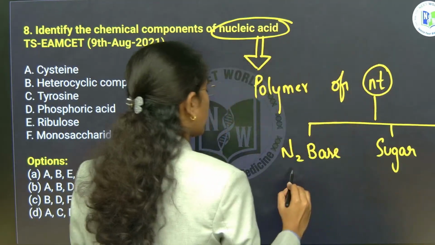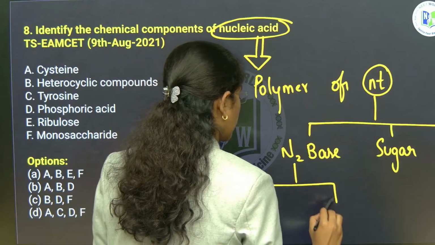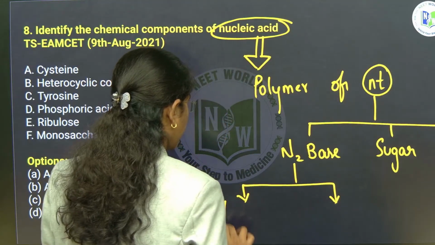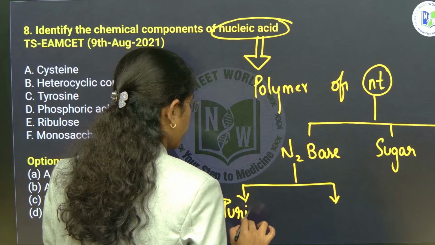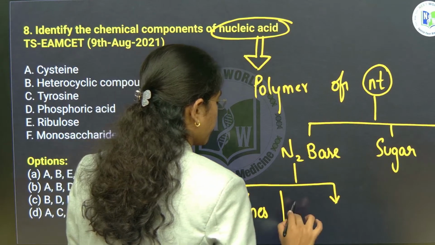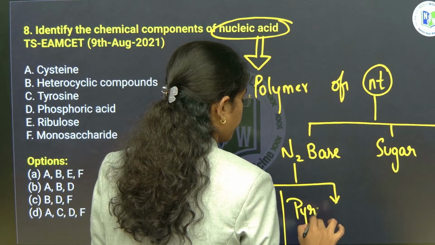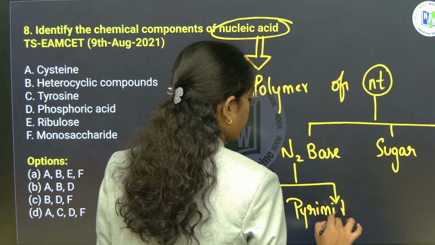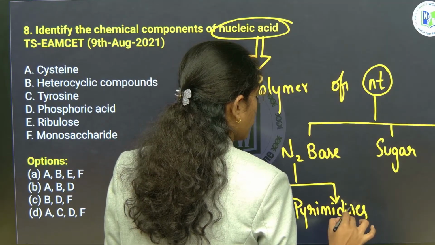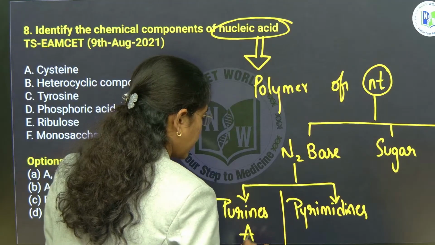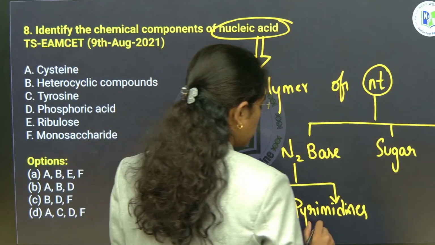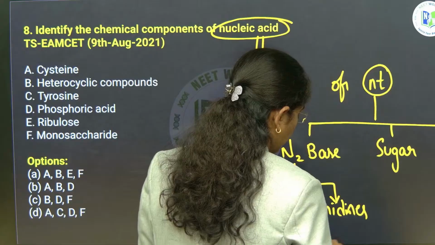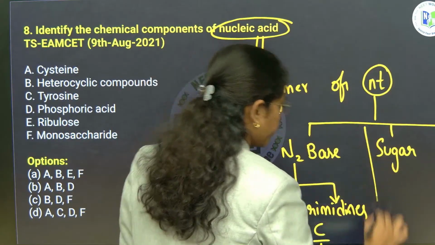What type of nitrogen bases you can see? Purines and pyrimidines, right? Purines include adenine and guanine. Pyrimidines: cytosine, thymine and uracil.